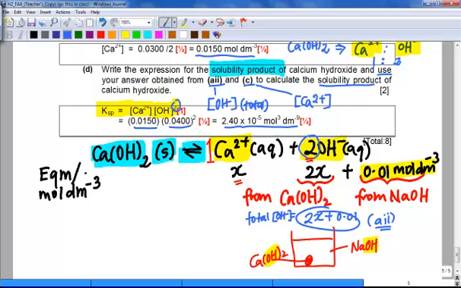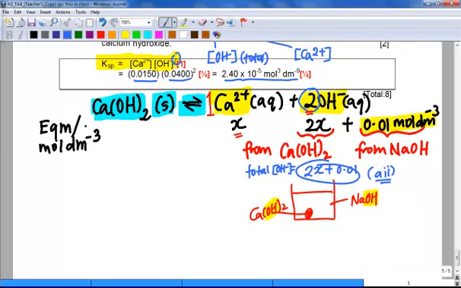Of course, in other usual questions, you notice we always let 2x plus 0.01 is roughly equals to 0.01. It's because for those questions we did not find out what is 2x. So we ignore 2x because we think that it is negligible. But for this question, we managed to find out 2x, so we should include the 2x in our calculations to make the KSP value a more accurate value.